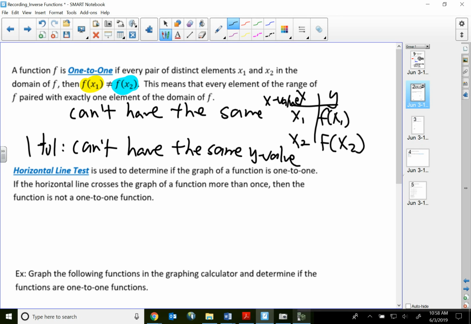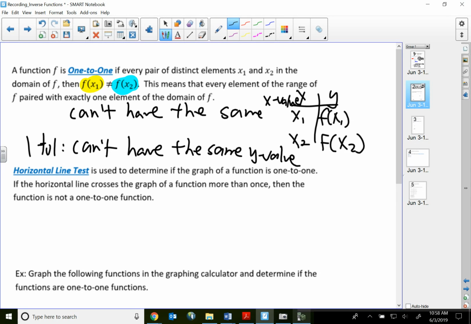Remember, we can't have the same x value to determine whether a graph is a function or not a function. To determine if my function is a one-to-one function, we just cannot have the same y value.